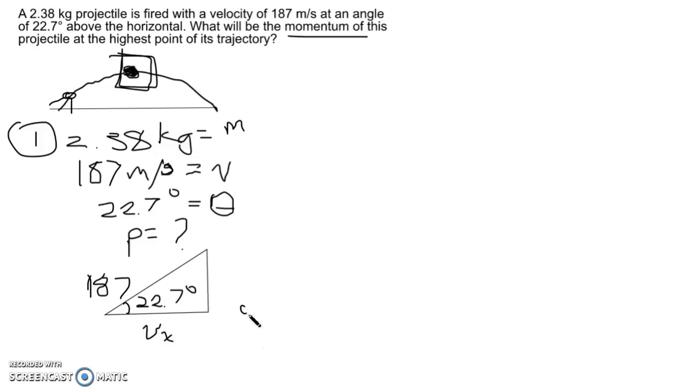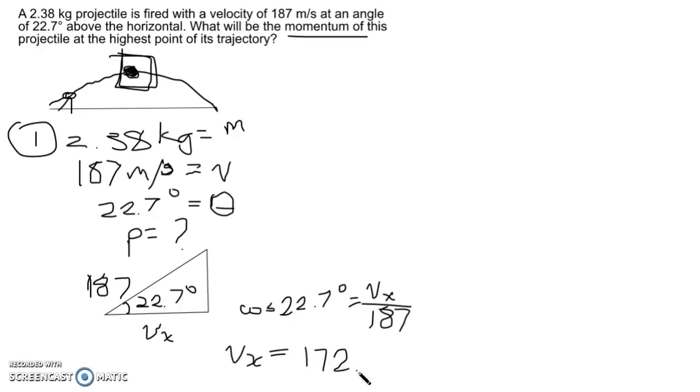So using trig, you can say cosine of 22.7 degrees equals Vx over 187, because that's adjacent over hypotenuse, and you get the Vx is about equal to 172.5.